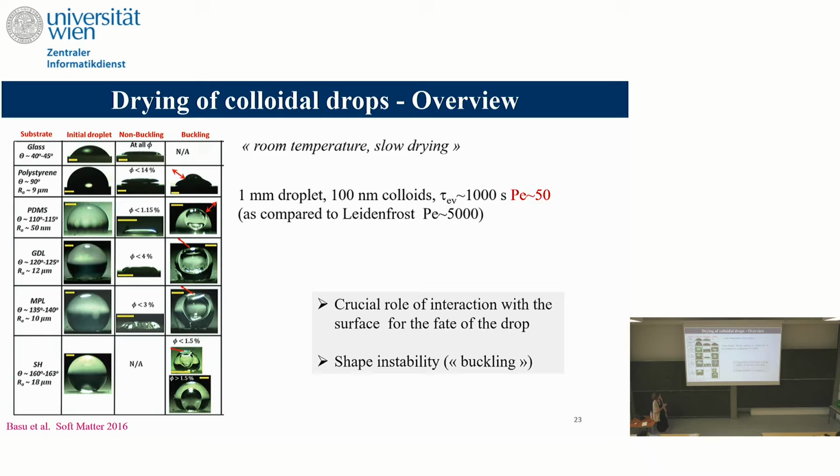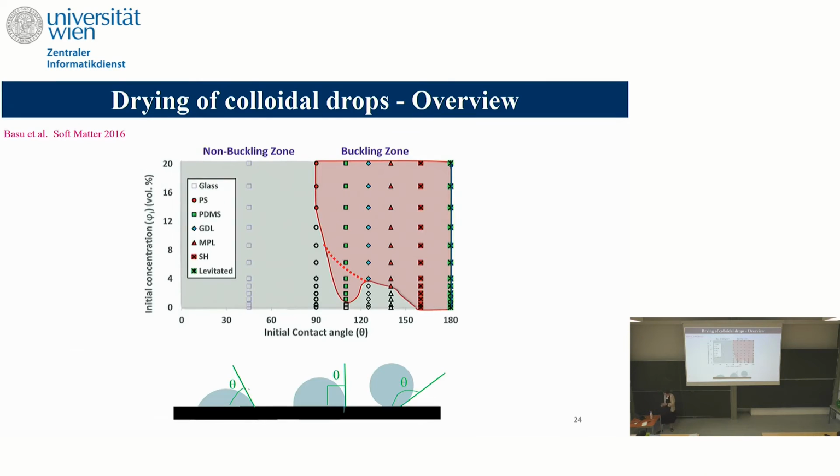And basically what they saw and show is that you have a crucial role of the interaction with the surface in determining what's going on with time, and you have very often shape instability. And they put this in a phase diagram, for different initial volume fractions, and as a function of the contact angle. So very hydrophilic this way, very hydrophobic this way, the shape of your drop here.